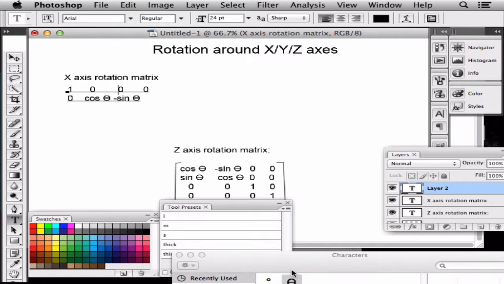It's slightly different because the minus sine is in the other place. Actually, it's the same place here, but then the y is sort of the other way around. So that's a little thing to remember.